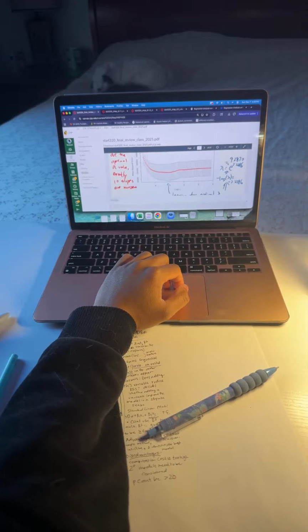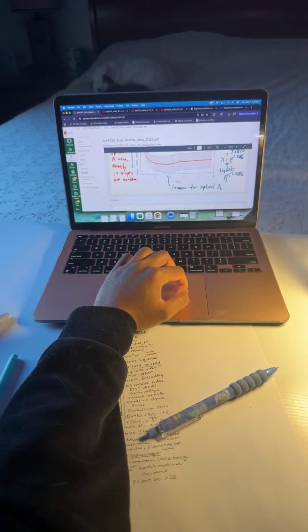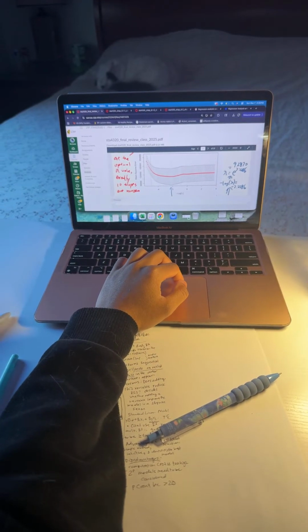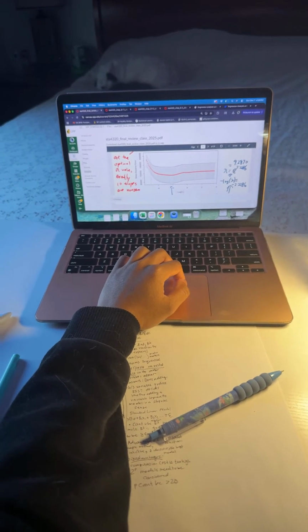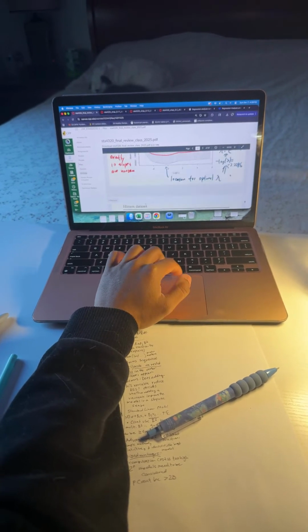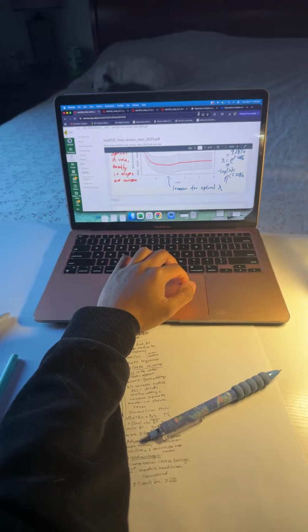So, non-zero. So negative log of lambda is this. Location for optimal lambda. Do you have to calculate these or what? Okay, let's just ask.